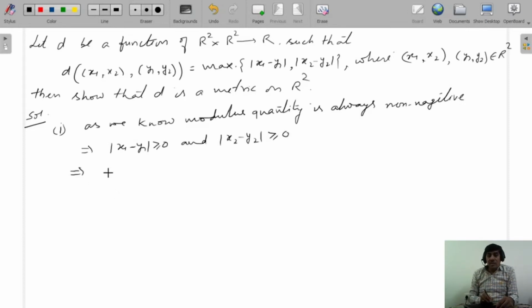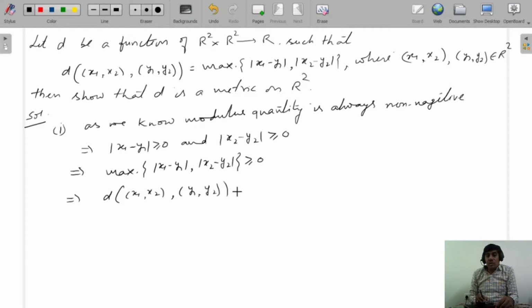This implies the maximum of modulus of x1 minus y1 and modulus of x2 minus y2 is also greater than or equal to 0. This implies D of (x1, x2), (y1, y2) is greater than or equal to 0.